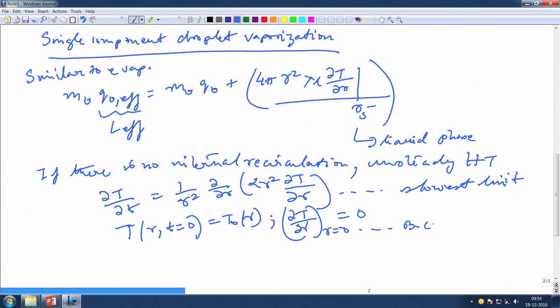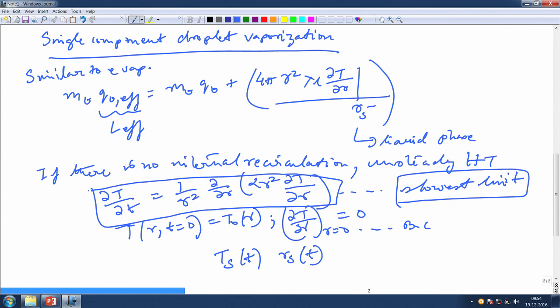The source of unsteadiness in this problem comes from the decreasing value of Rs, and the continuously changing profile of Ts. So, Ts is a function of time, Rs is a function of time, two main sources of unsteadiness, and this has to be the slowest limit. This is because we have taken only diffusion to be the carrier. The droplet surface gets heated, slowly the heat goes to the center of the droplet, and that is how the heat is transferred. There is no recirculation, it is only a plain diffusion or conduction problem here, right.